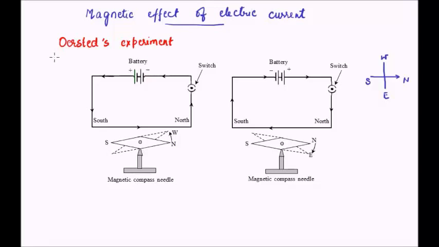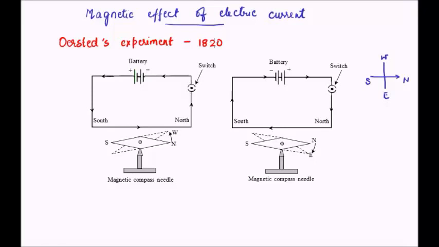This was carried out by a scientist named Hans Ørsted in 1820, and he was the first person to demonstrate experimentally that any current carrying element will produce a magnetic field of its own. A wire, if it carries current, will have a magnetic field produced due to the current being carried.